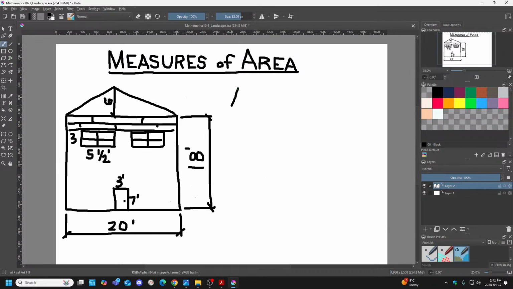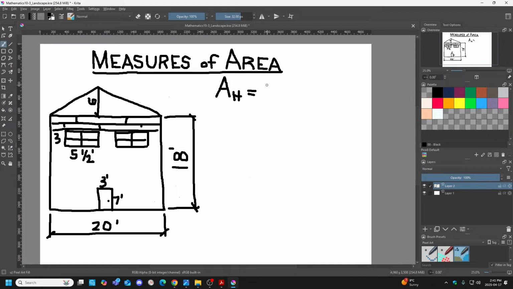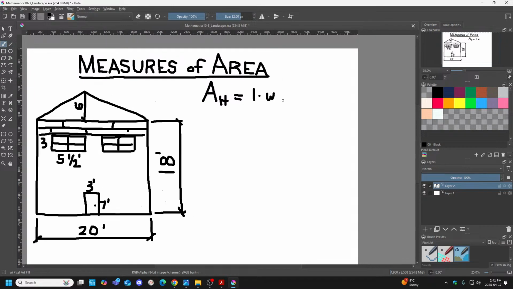Let's begin. Area of house equals length times width, because it's not a perfect square.